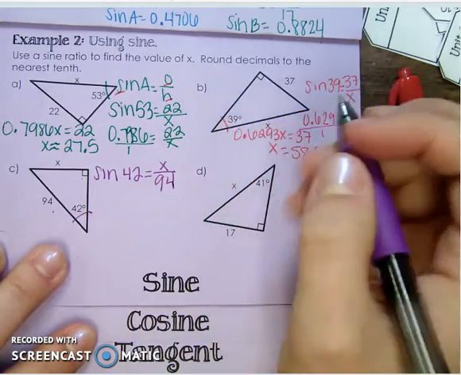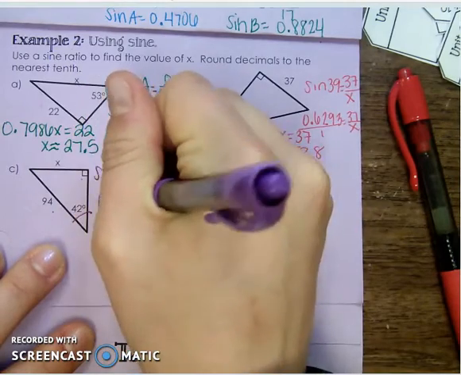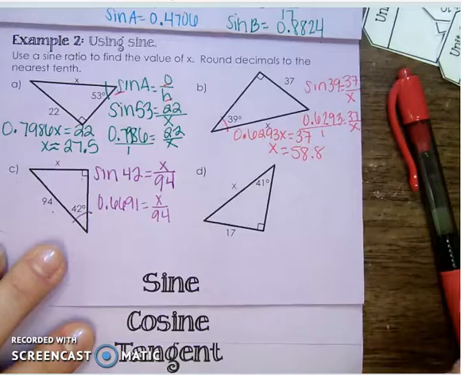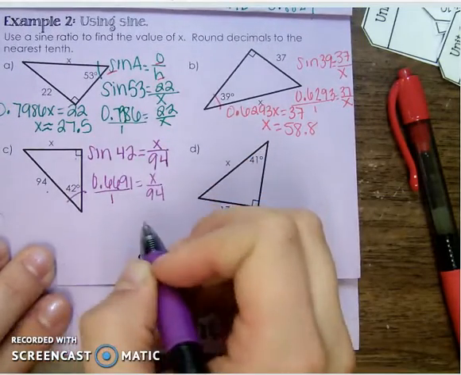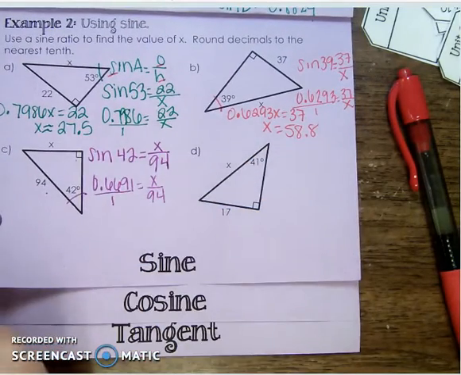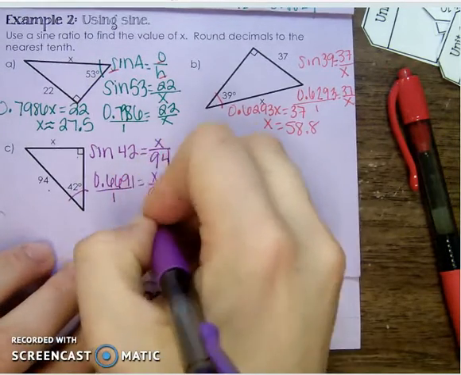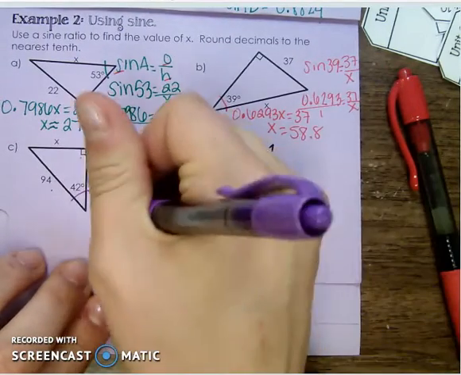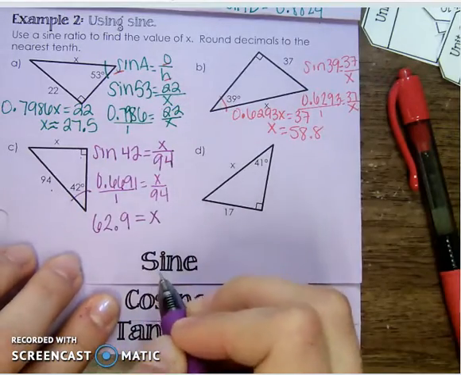The sine of 42 is 0.6691 equals x over 94. Consider it over 1. We're going to cross multiply. 0.6691 times 94, to the nearest tenth, x is 62.9. Good?